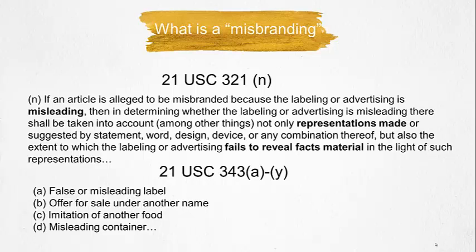But then when we look at the definition and the whole statutory section for what it means to be a misbranded food, and that's in section 343, I briefly covered A through D, but there are A through Y, that many subsections that talk about misbranded food. Everything from imitation to misleading to selling under another name.